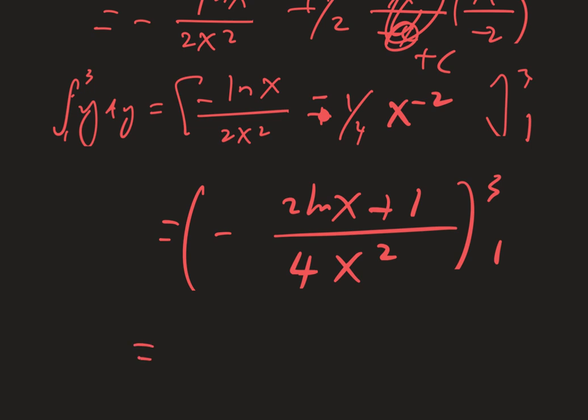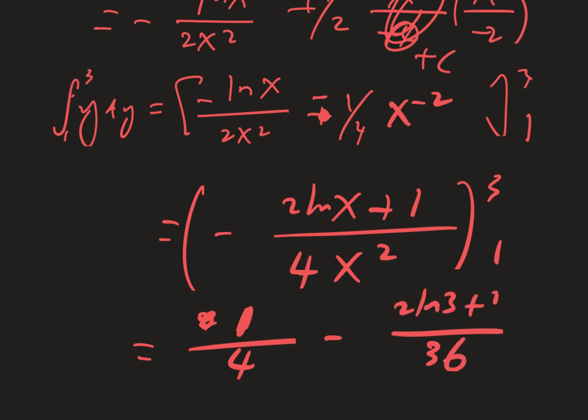Normally I do not like to punch the calculator for that, because ln 1 is 0, right? So it's just this one. I think it's a waste of time punching the calculator. 9 times 4 is 36, unless you're doing engineering design, then you punch the calculator. So this will be the answer.